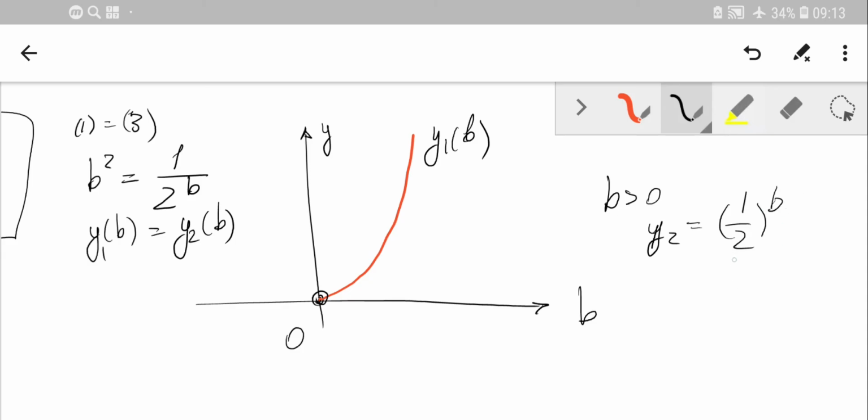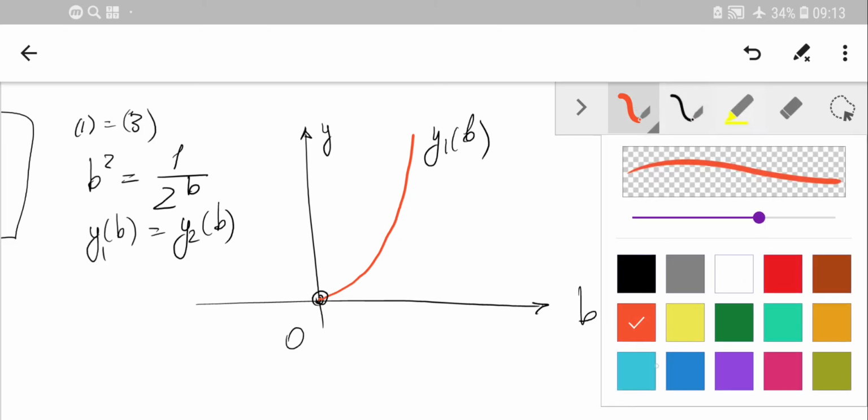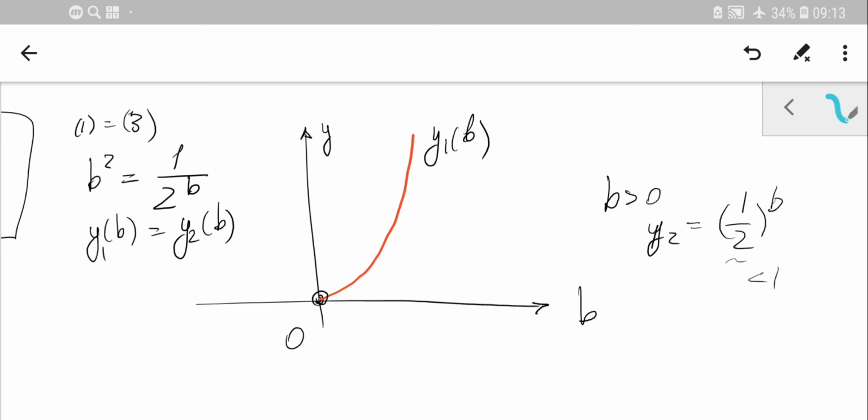Because the base is less than 1, the graph will have decreasing behavior, so it goes something like this, and we can clearly see that there is only one point of intersection.